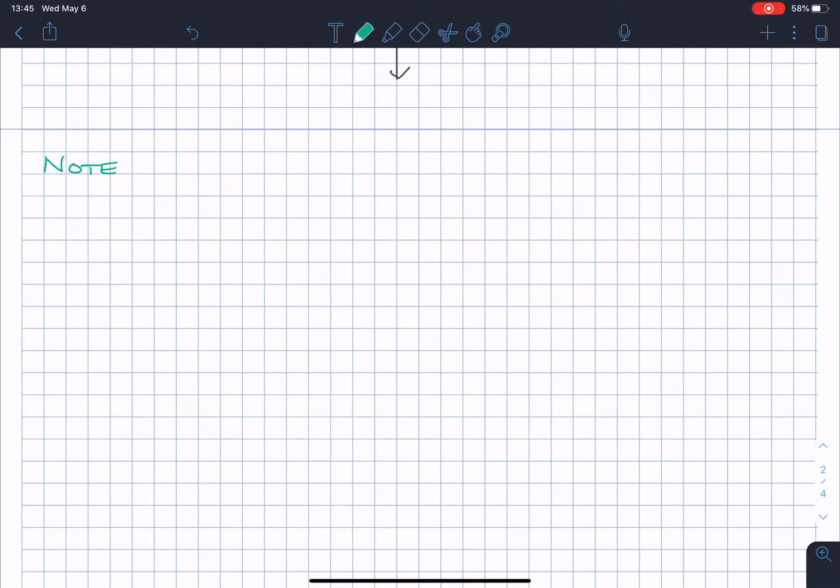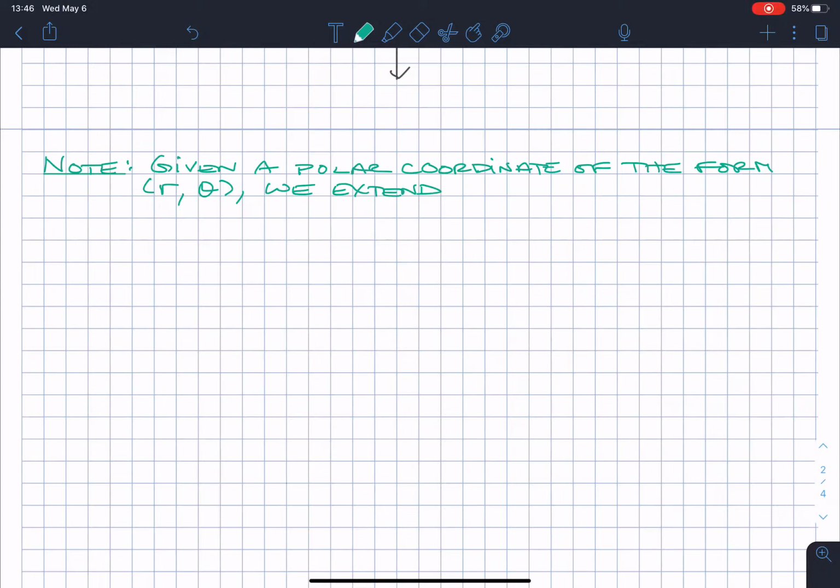So note, given a polar coordinate of the form r comma theta, we extend r units along the polar axis from the pole. Then sweep through an angle theta.